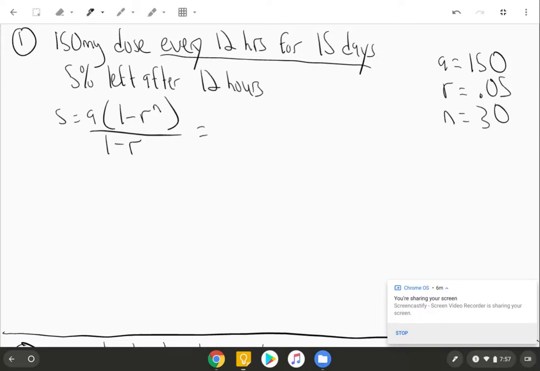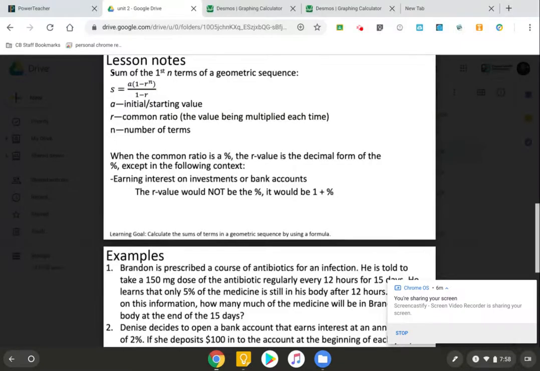So now I can go right ahead and plug in those numbers. So 150 times 1 minus R to the power of N, divided by 1 minus R. And you could just go right ahead and plug this into a calculator. I use Desmos.